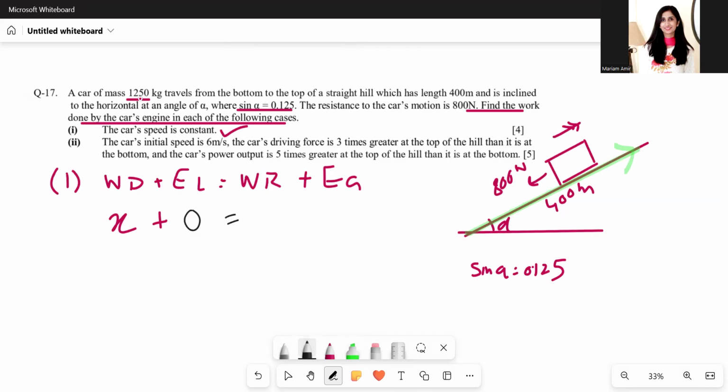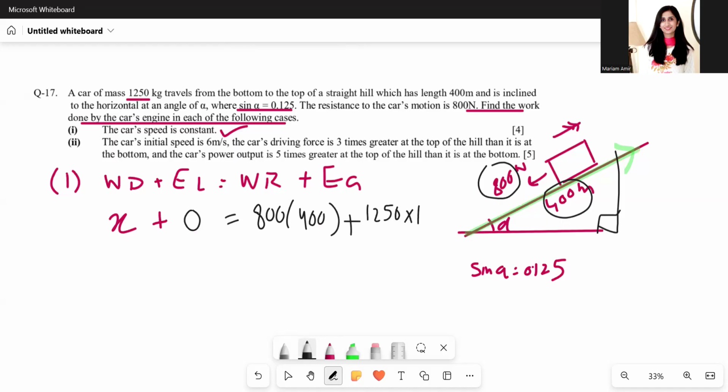Work done by resisting force. We're not given that, but we're given that the force is 800 and the distance is 400. So work is equal to force times distance, plus gain in energy, which is the potential energy, mgh. So m is 1250, g is 10, and height would be 400 sine alpha, so 400 times 0.125.